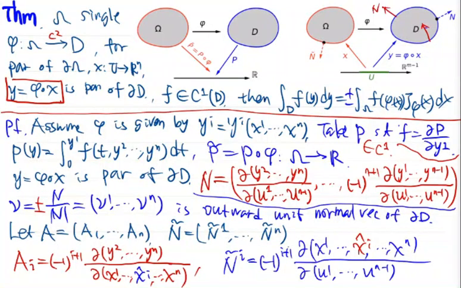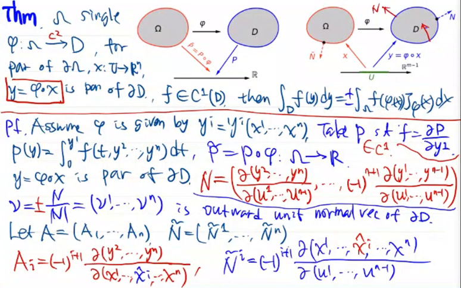Okay, so we can construct such two vector fields A and n tilde, which are given with their components in this way, using the Jacobian determinants of the corresponding variables to construct their components. So we define the two vector fields.